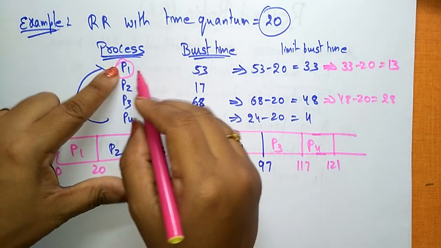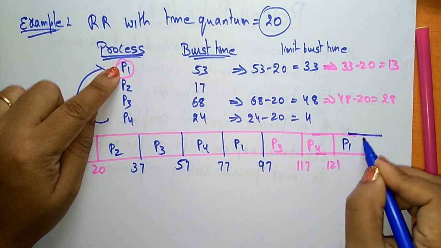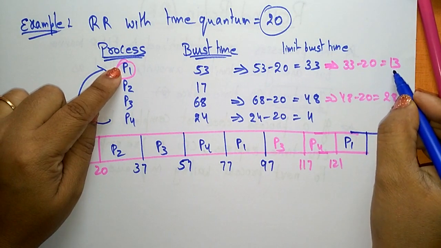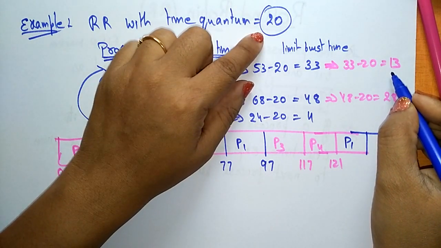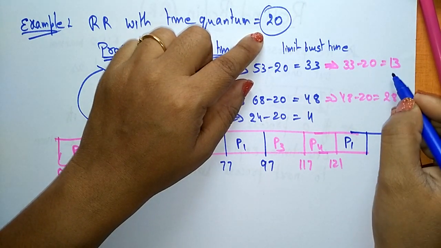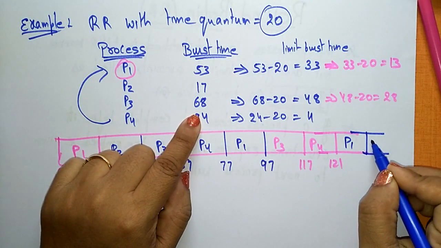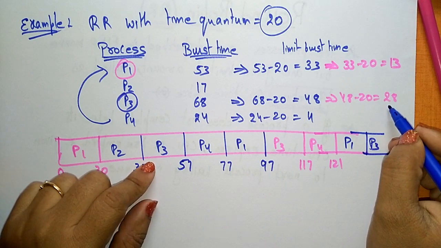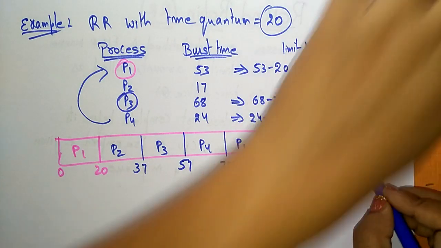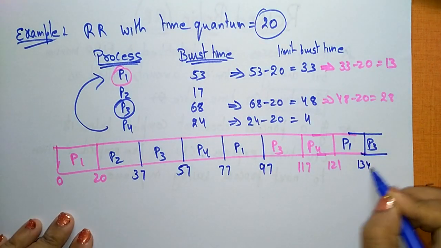Next again P1. The remaining burst time is 13, but we are given a time quantum of 20, so within that 20 the 13 will be executed, and P1 will be over. Next is P3. Here 28 is remaining: 121 plus 13, you will get 134.